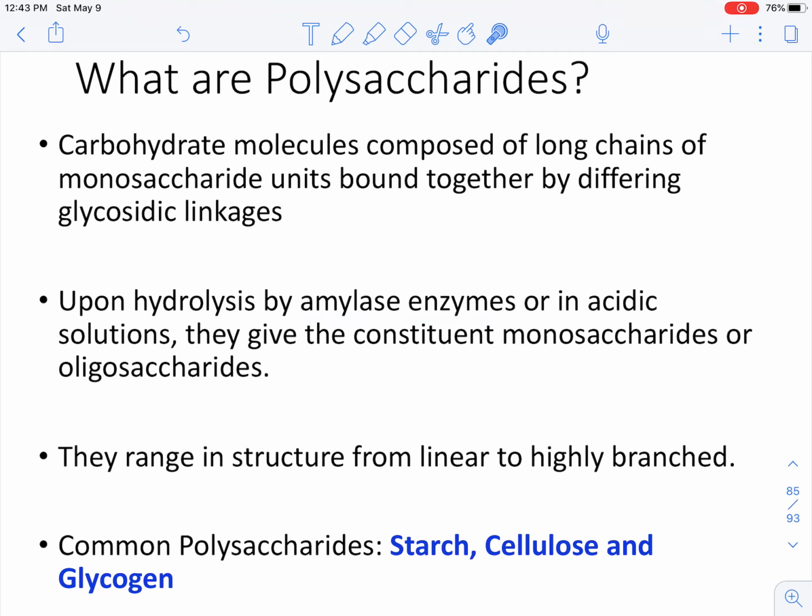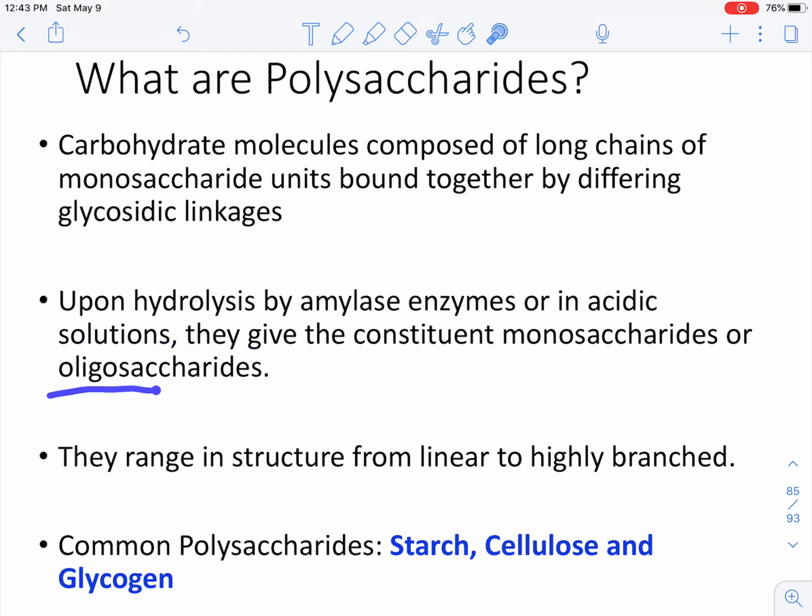Or if this is done in lab, we can take this polysaccharide and put it in an acidic solution. And so hydrolysis of a polysaccharide will give back its constituent monomers. Now, if the polysaccharide is not fully digested, then what you get is an oligosaccharide.